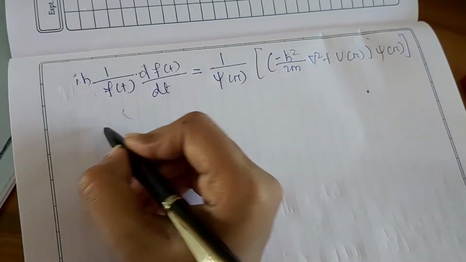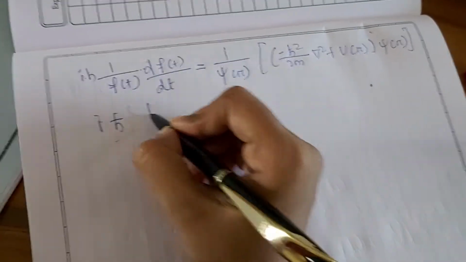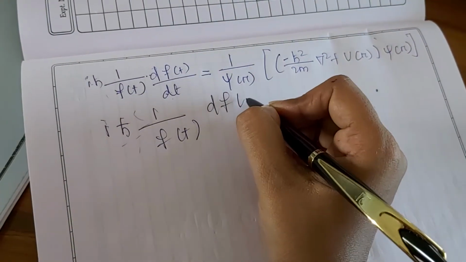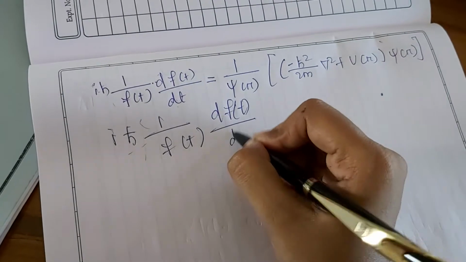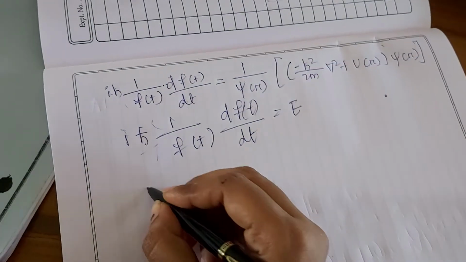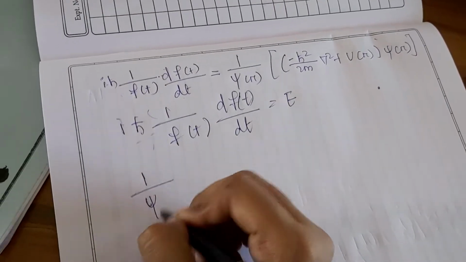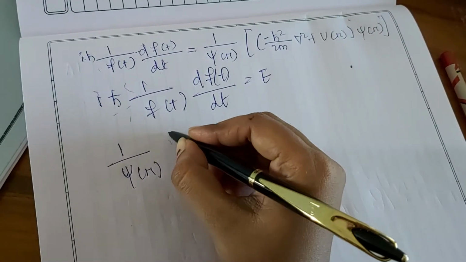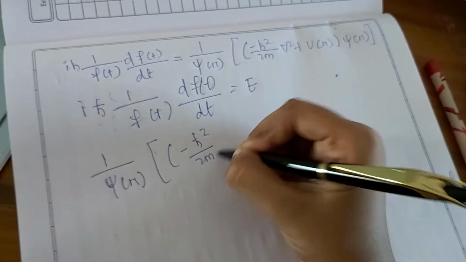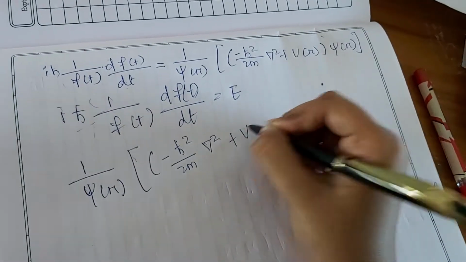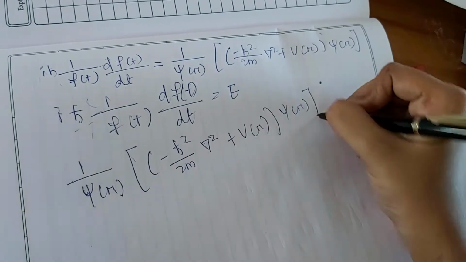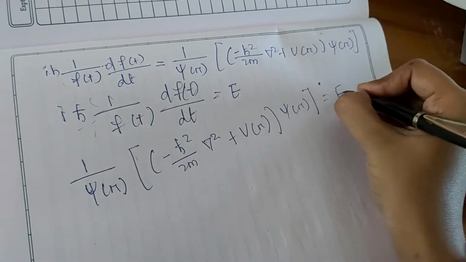So this becomes i h cut 1 by f of t df of t by dt equal to some constant E, and also 1 by psi of r times minus h cut square by 2m del square plus u r psi of r is equal to that constant E.